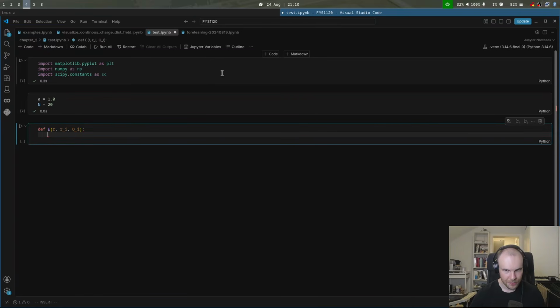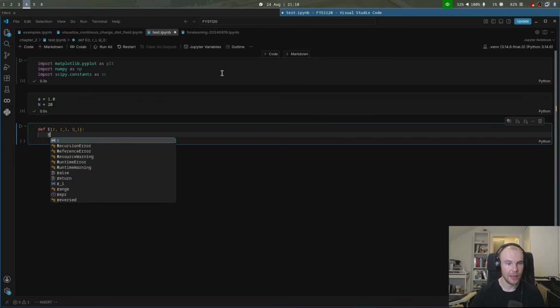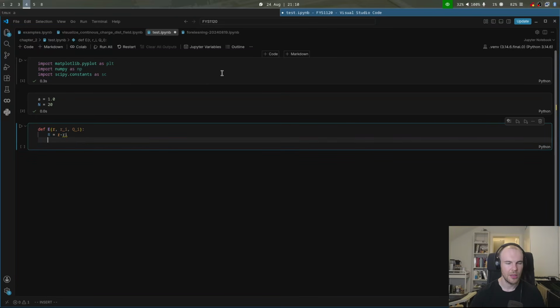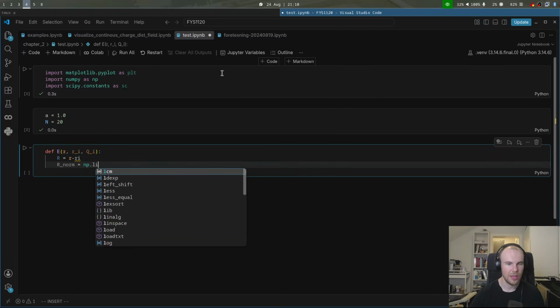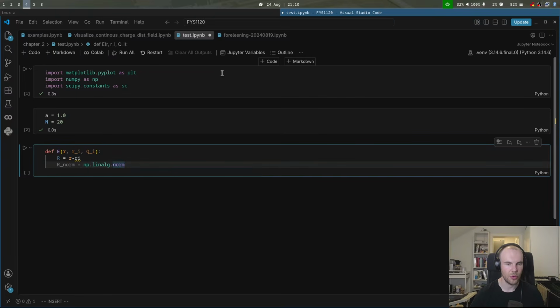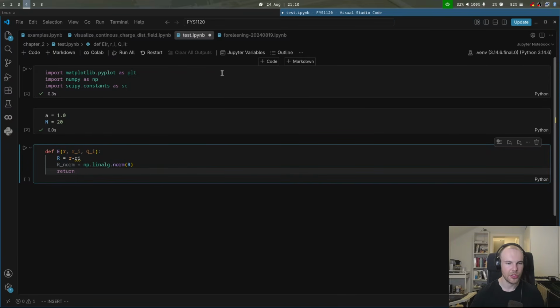Okay, we have r, then of course r is just r minus ri, and then we could say r_norm is equal to np.linalg.norm of r. Nice. Okay, then we just want to return each piece, right? Because now instead of the integral, we are summing over all of those small pieces of electric field.